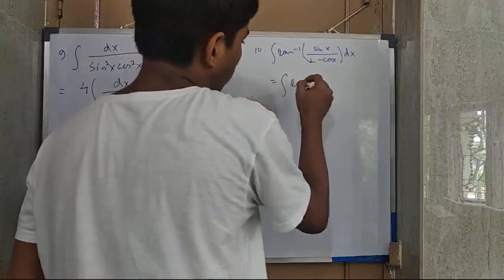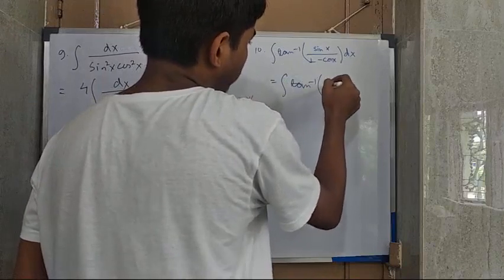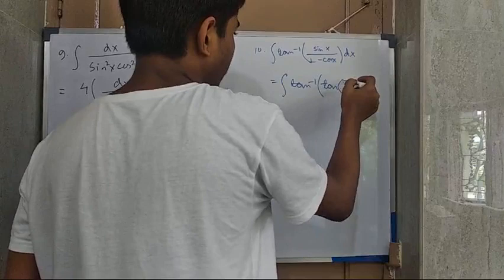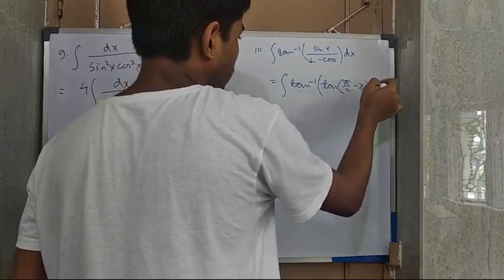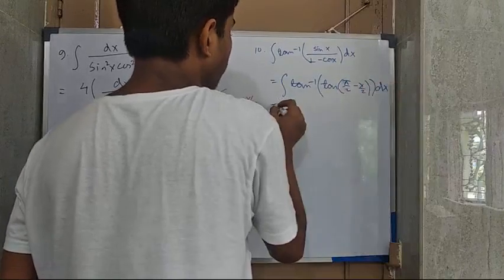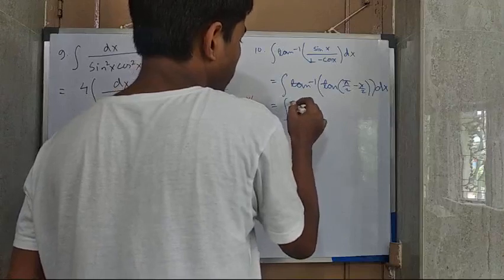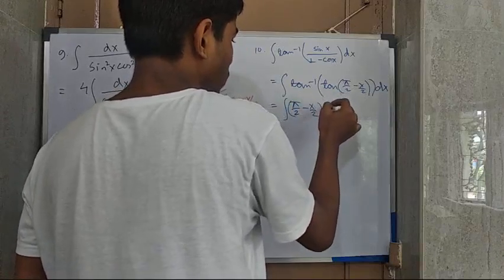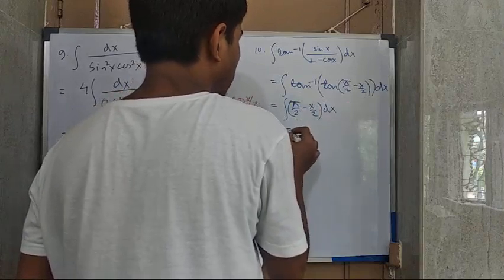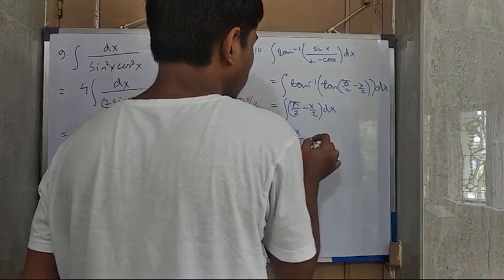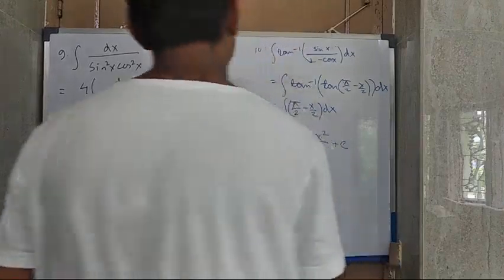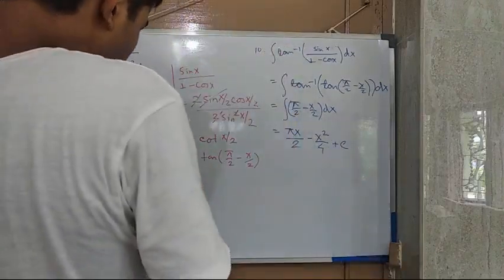This is the integral of tan inverse of tan of (pi by 2 minus x by 2) dx. This is actually the integral of pi by 2 minus x by 2 dx, which gives pi x by 2 minus x squared by 4 plus c. So this is the answer for the 10th integral.